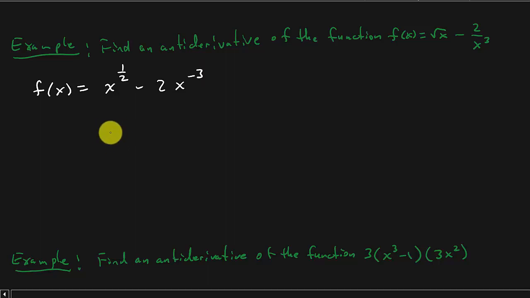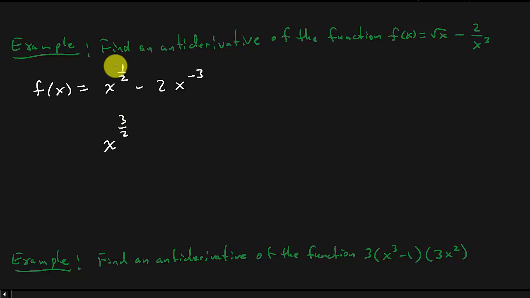Well, what am I going to have to take the derivative of to get x to the 1/2? I know it has to be x to the 3/2, right? Because think about this. If I'm taking the derivative of this, I bring the 3/2 down, minus 1.